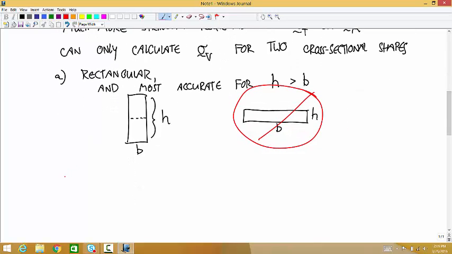And the second cross-sectional shape that we can deal with is circular, but for circular cross-sections, we can only calculate the stress due to shear force along the center line. So we can only do it along one line.